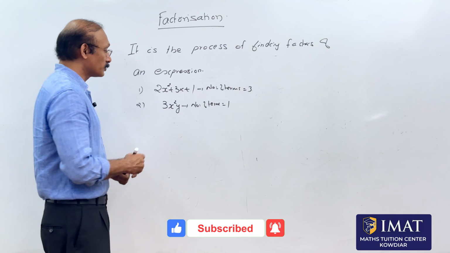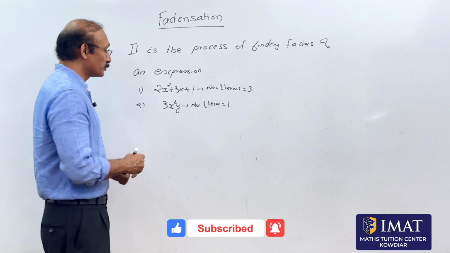Factorize x square y plus xy square. How many terms are there in this? There are two terms. Is there any common factor that we can take outside? Yes, in both these terms you have one x common. Then from y and y square, y common. So you can take xy outside. What do you get in bracket?